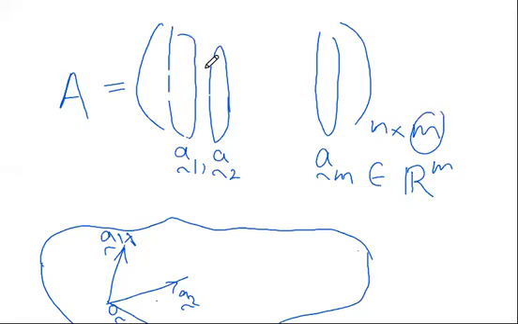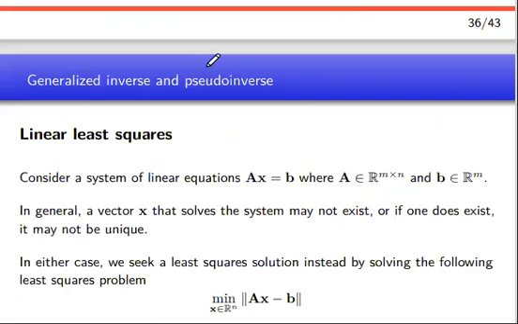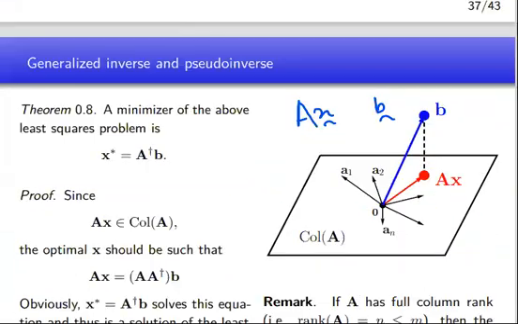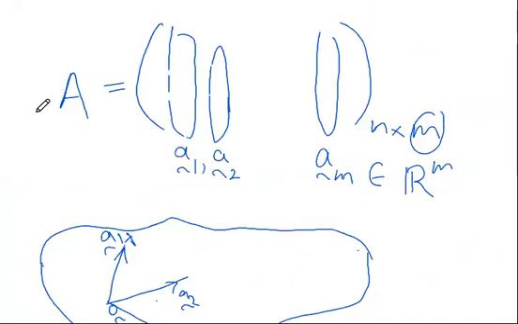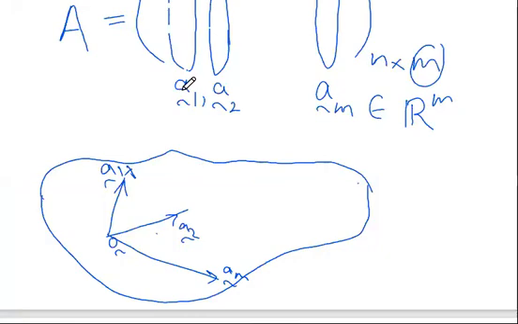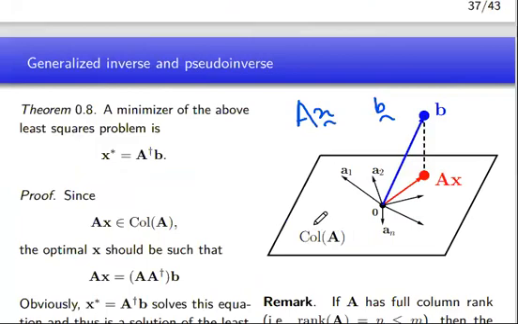This is the first column, second column, and the mth column, and these are elements in R^n vector space. If you consider the spanning set of these column vectors, it is called the column space of this coefficient matrix A: the spanning set of a1, a2, ..., am.